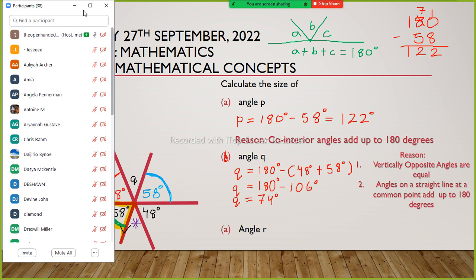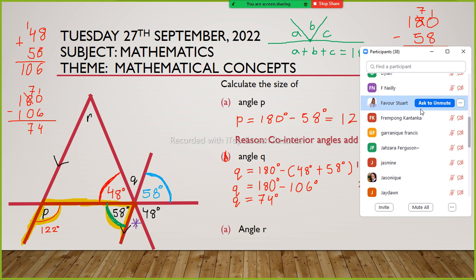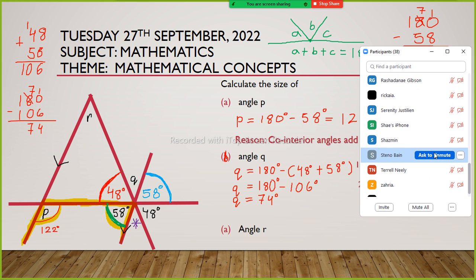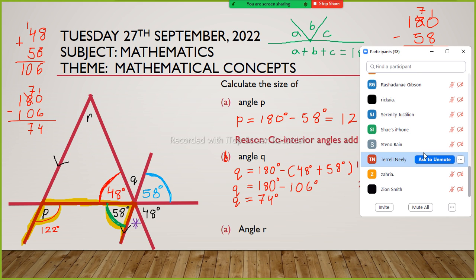Everyone afraid to speak. Okay, so let me point out someone. Deshaun, are you there? Shazman, what do you think? Any ideas from you? How are we gonna get angle R? Well, I'll wait till you do it. Any thoughts? No. I know we could save the day for us right now. Zion. I don't know.